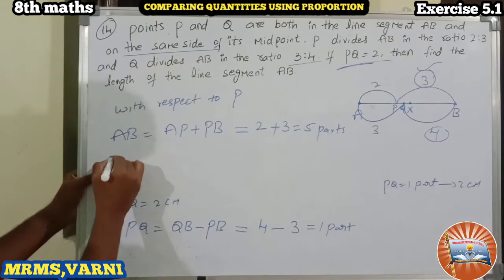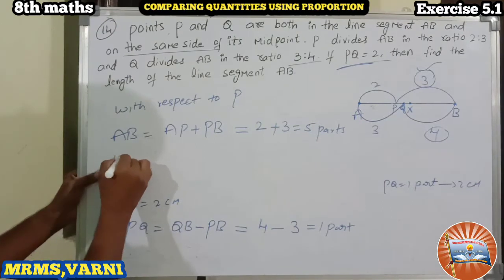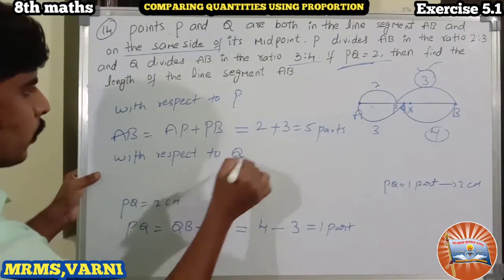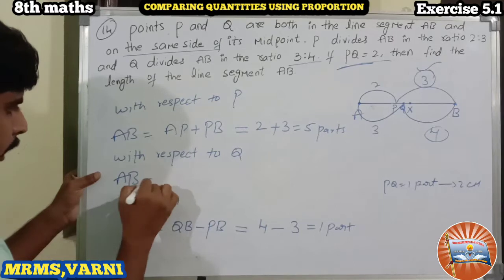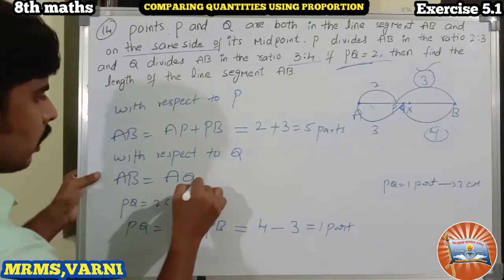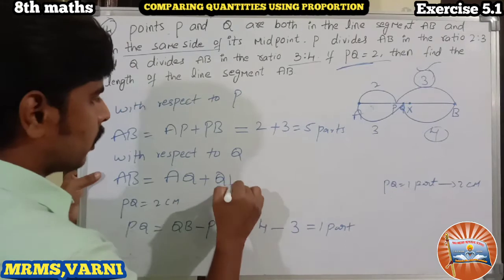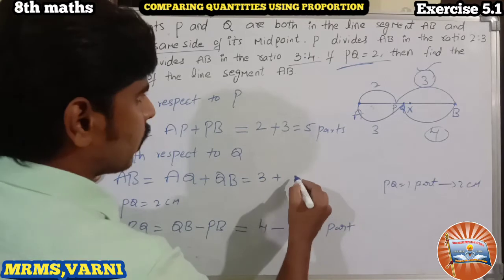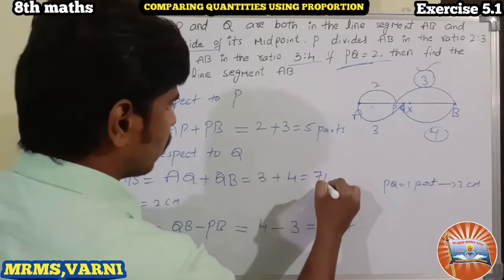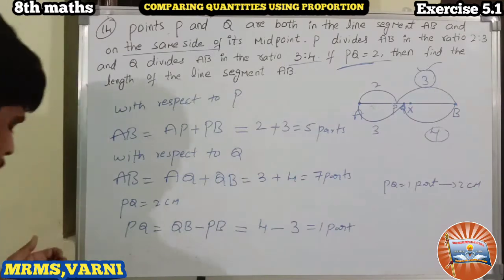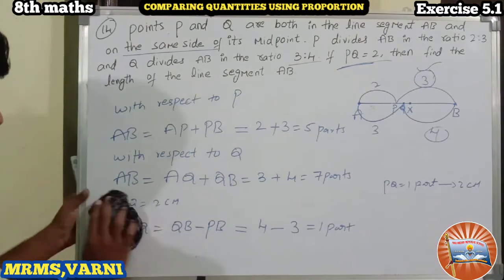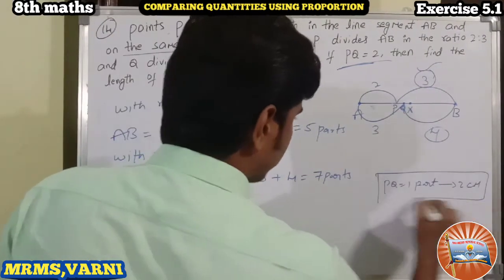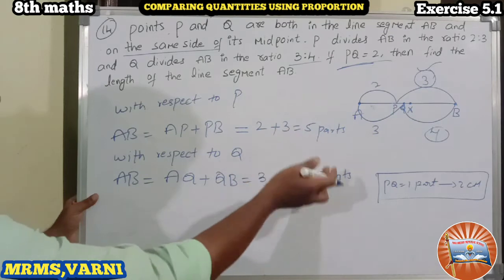Next, with respect to Q, what is the AB length? AB is equal to AQ plus QB, that is AQ 3 parts plus QB 4 parts, that is nothing but 7 parts. Is it clear? Remember this thing, 1 part is equal to 2 centimeter. We got 5 parts and 7 parts.